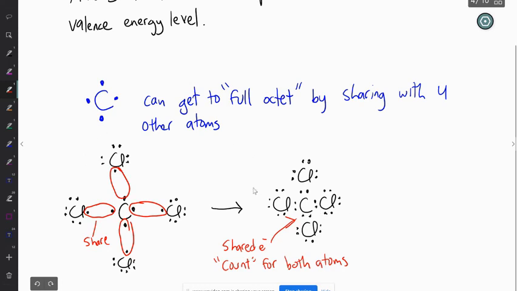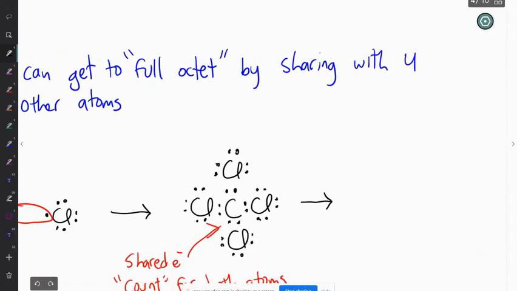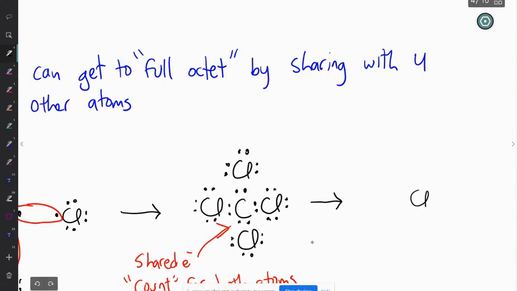Now, drawings like this tend to get a little hard to see, and so we will often redraw these using lines for the shared electrons instead of dots. So we'll often redraw this using lines to represent the shared electrons.